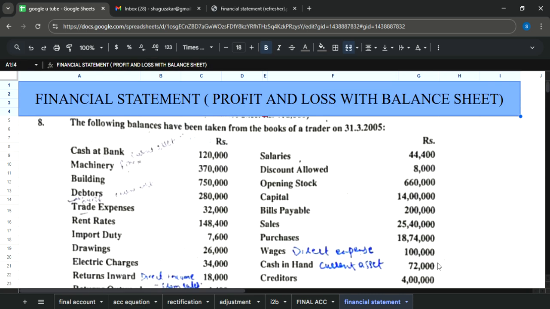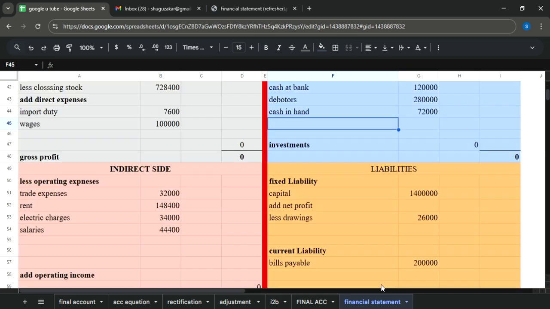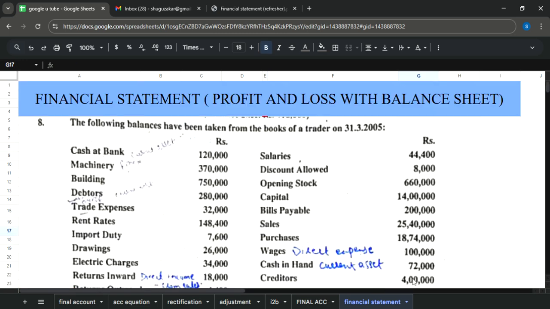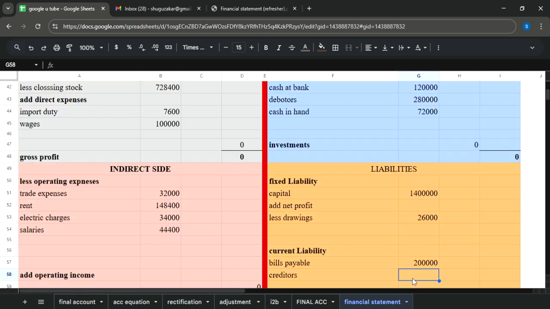After cash in hand, we have creditors, current liability. So you will go to the current liability side and you will write creditors, amount of which is 4 lakh. So we have posted the amount to the creditors side.